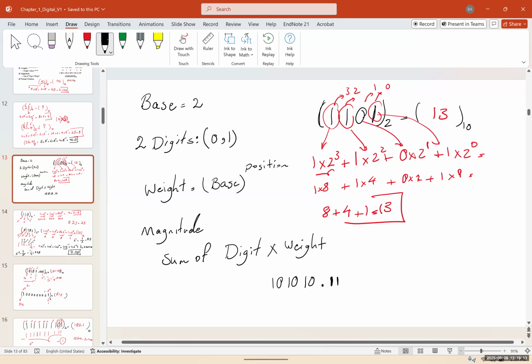Again, because it's a binary number, the digits can only be 0 and 1. By the way, when you read this, it's like 100. It's not one hundred. Sometimes you get confused. This is 100, which is actually equal to 2 to the power of 2, which is 4.